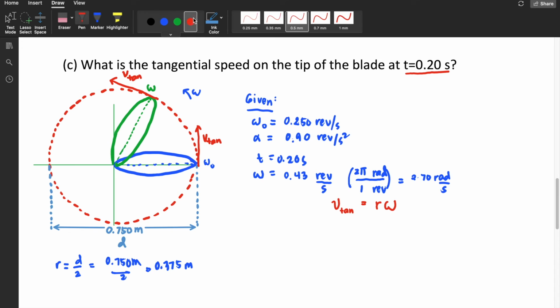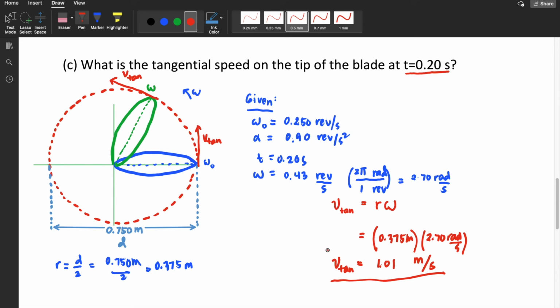Okay, so we are now going to calculate for V tangential, which is simply equal to 0.375 meters multiplied by 2.70 radians per second. Ang purpose nga gi-SI nato sila is because ang final answer is simply, ang unit is simply in meters per second. Ang radians ngayon is being omitted. So this is simply equal to 1.01 meters per second.